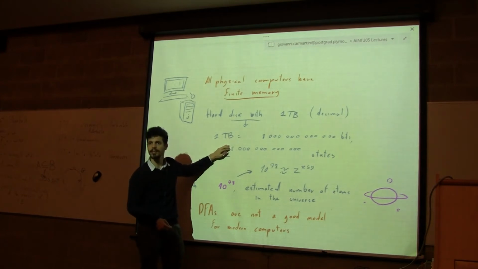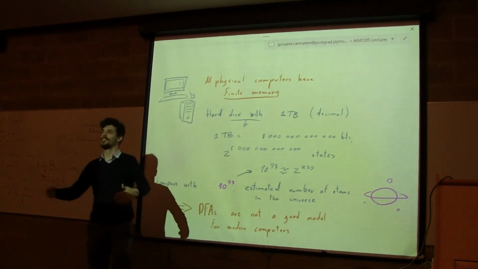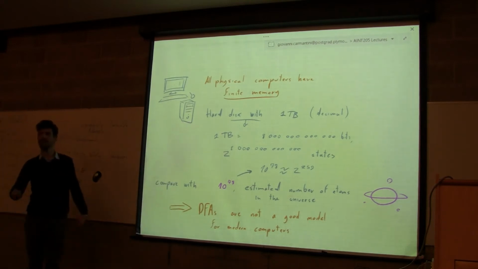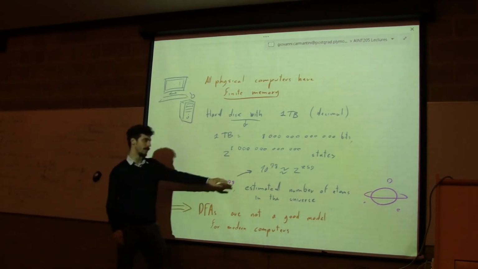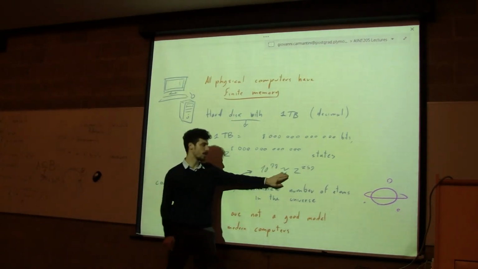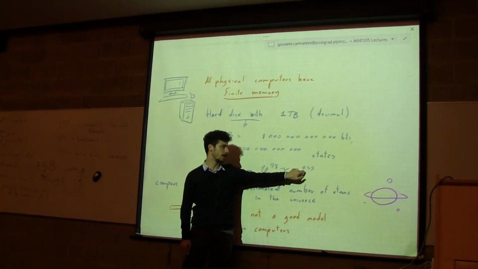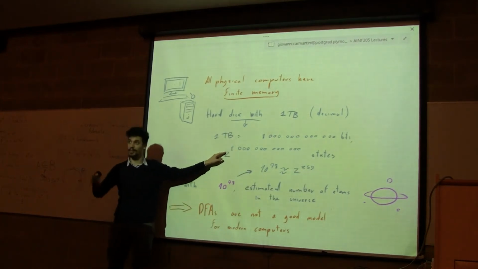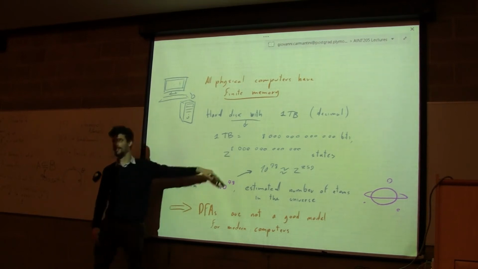Is that right? Okay, a lot. A lot of states, okay? And if you do the math, you discover that the number of atoms in the universe is 10 to the 78, which is more or less 2 to the 259, which is much less than this number here, okay?